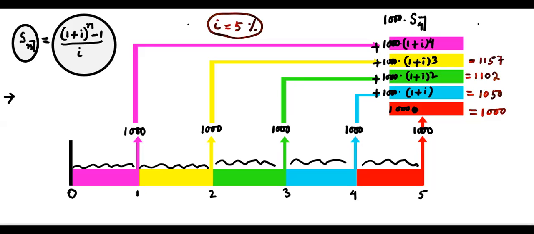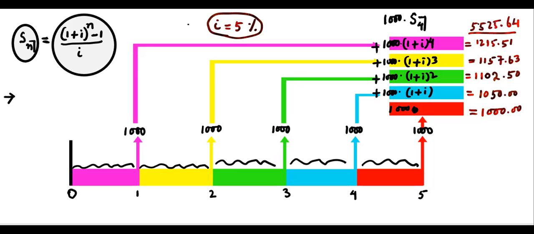See, it takes a lot of time. Let me add 0, 0 here as well. If you add everything, finally you get 5525.64. You can check it.